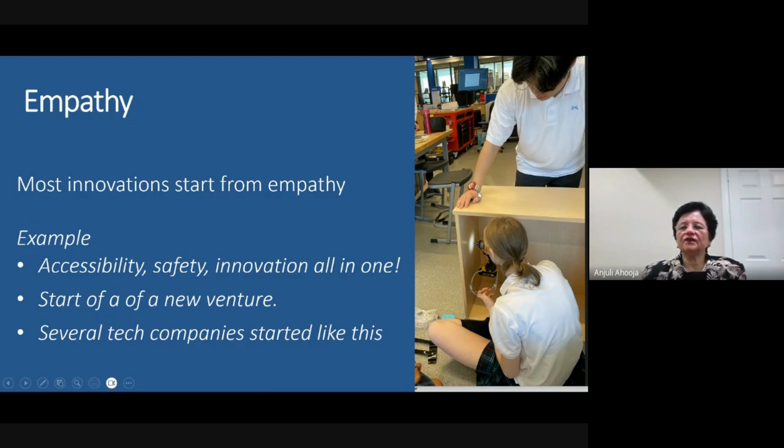The 2 students that you see here, the third one is not in this picture, but these 2 students were discussing their individual empathies. But this gentleman here wanted to build something for his mother, who is not very tall and has difficulty accessing things in the kitchen cabinet, which are very high up. For us, it may seem like a simple thing. Why can't she use a chair or a step stool to access those things?